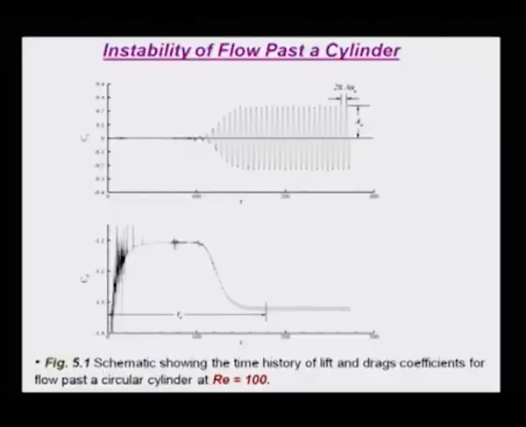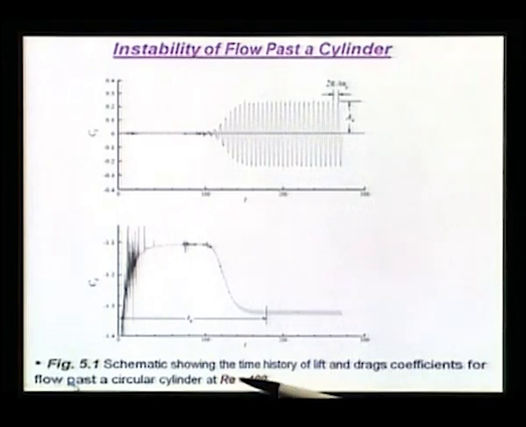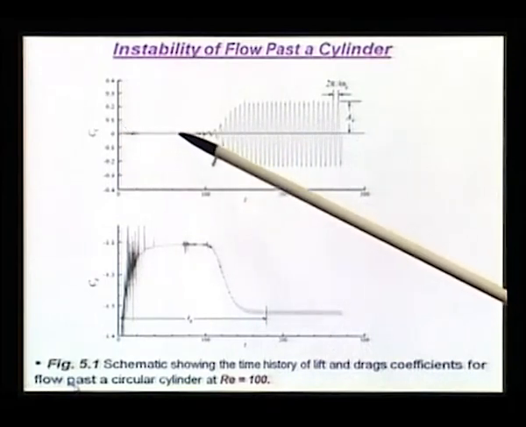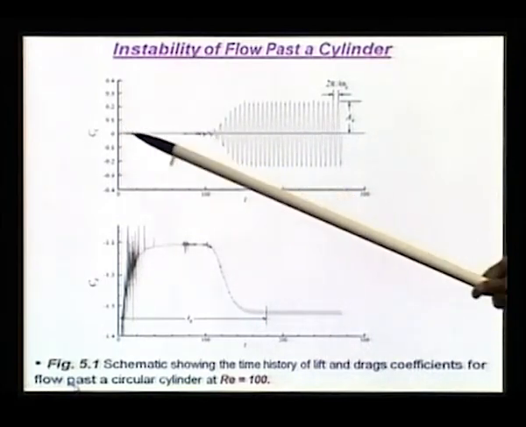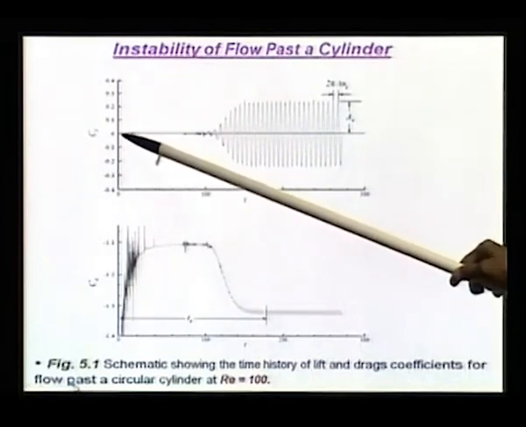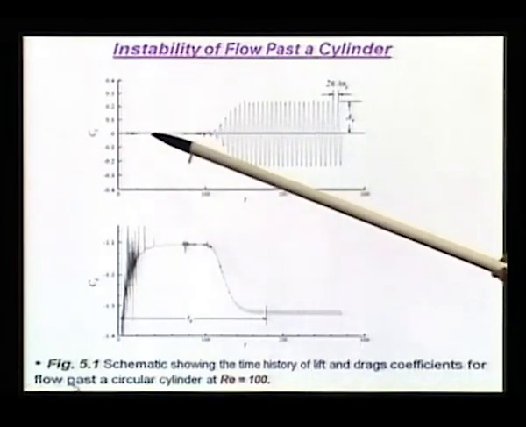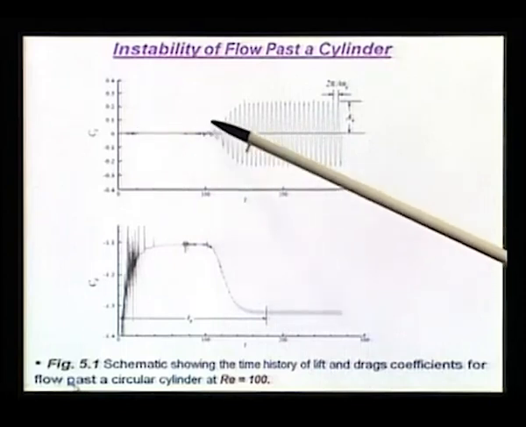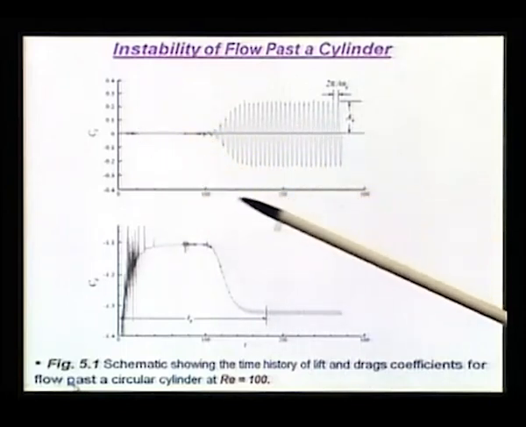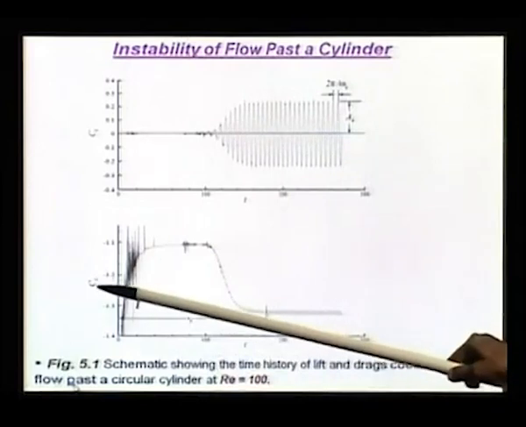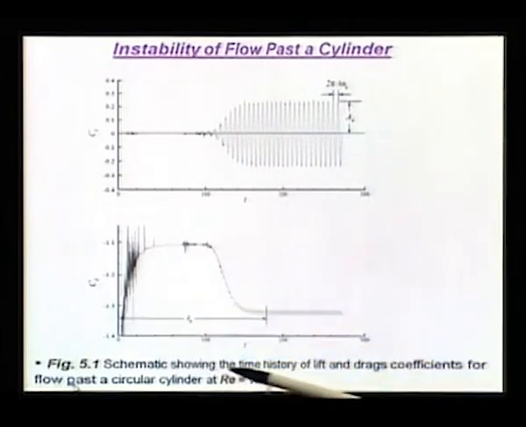We showed that if we compute the flow for a circular cylinder at Re equal to 100, this is how we see it. Initially we do not have shedding, and the lift coefficient CL remains more or less flat, barring the very high frequency oscillations that you see in the CL versus time plot. That is seen even better if you plot the drag coefficient versus time.